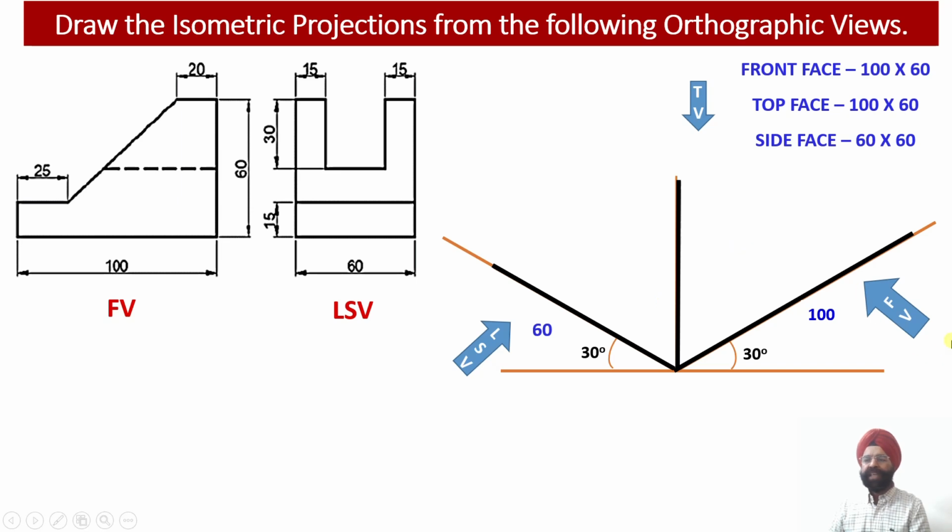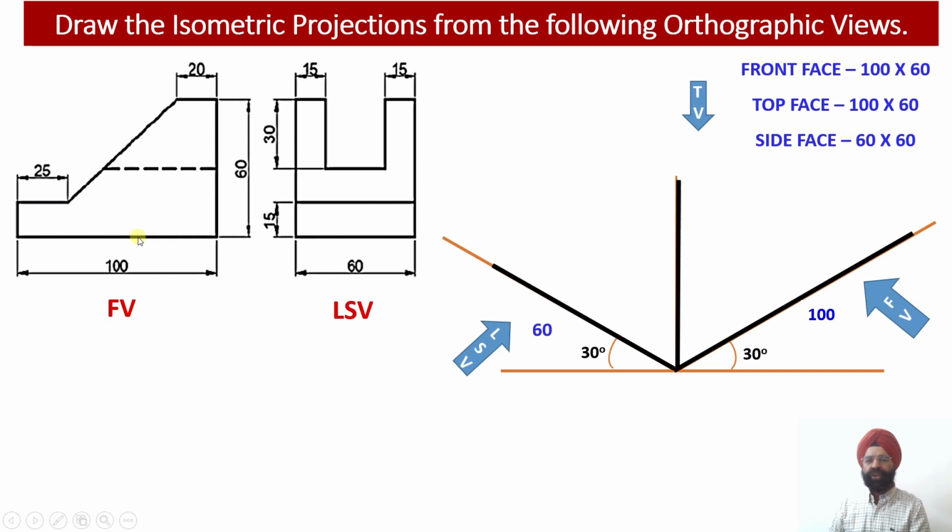Now if this portion of the isometric projection presents the left side view, obviously the front view has to be projected onto the z-axis. So the front view will be contained between the y and z-axis of the isometric projection. The y-axis we already know is equal to 60 millimeter height. Now let us work out the z-axis dimension.